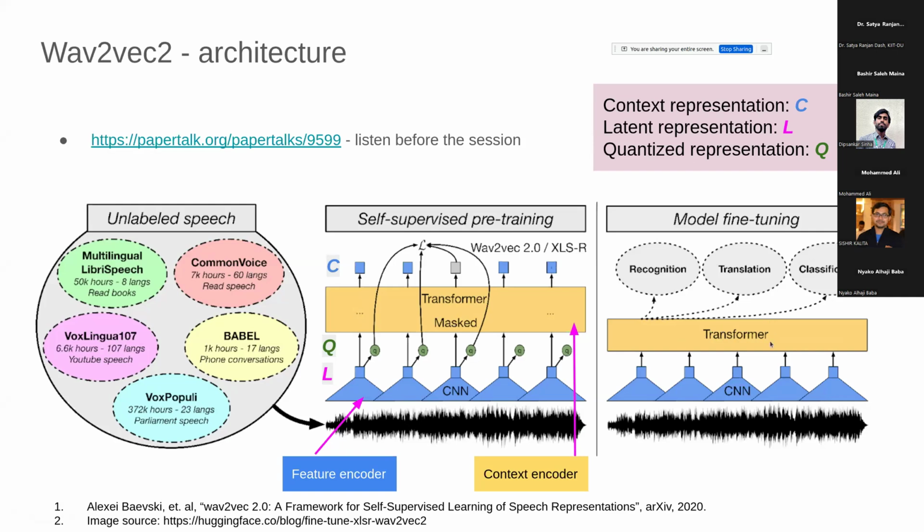Once you get that model, these context vectors you can use for different purposes: recognition, translation, classification, like that.